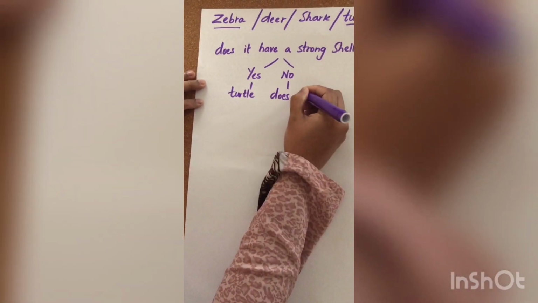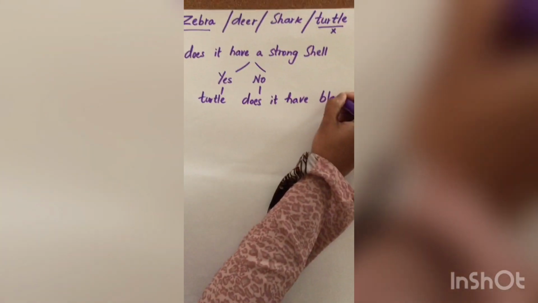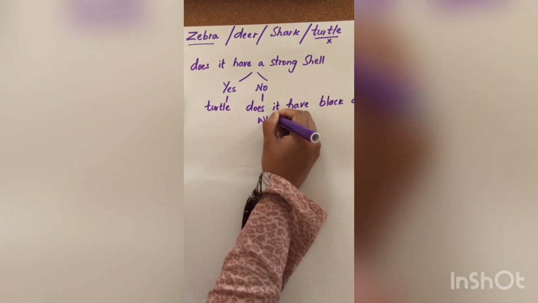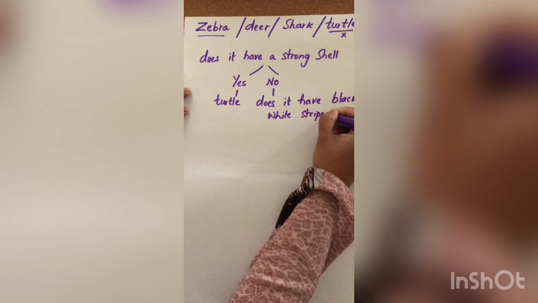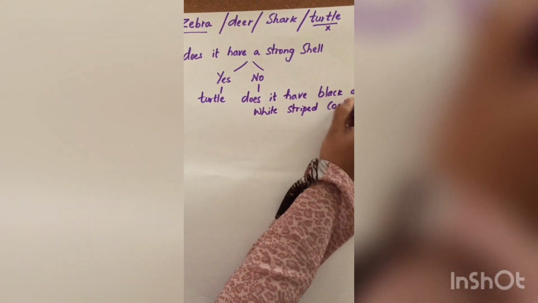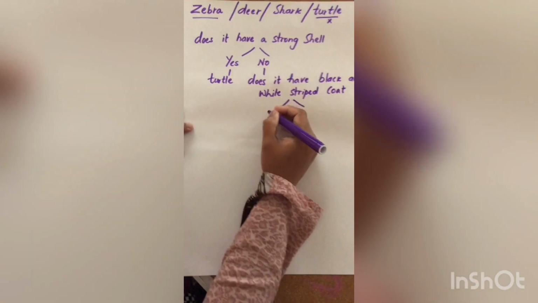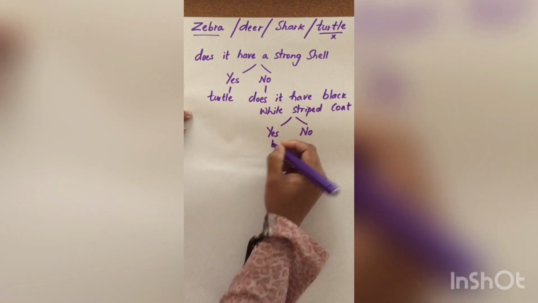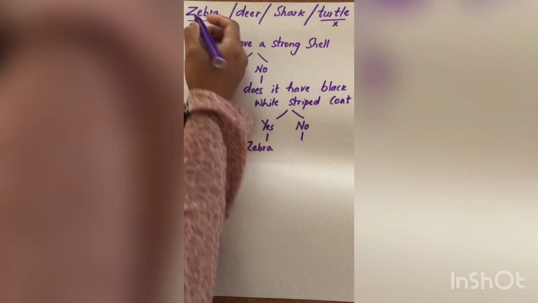Does it have a black and white striped coat? So on its skin you can see it has black and white stripes. So yes, no. Yes is zebra. So this is also done.